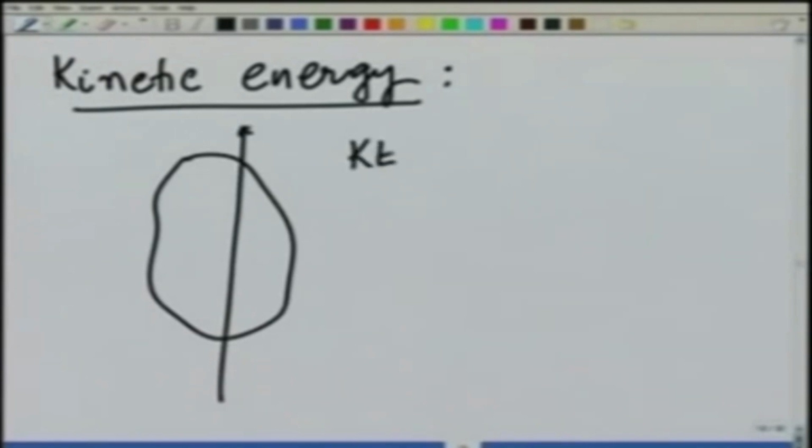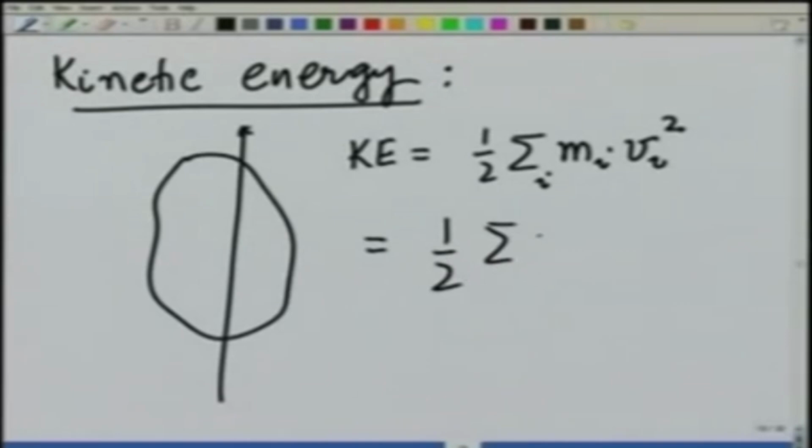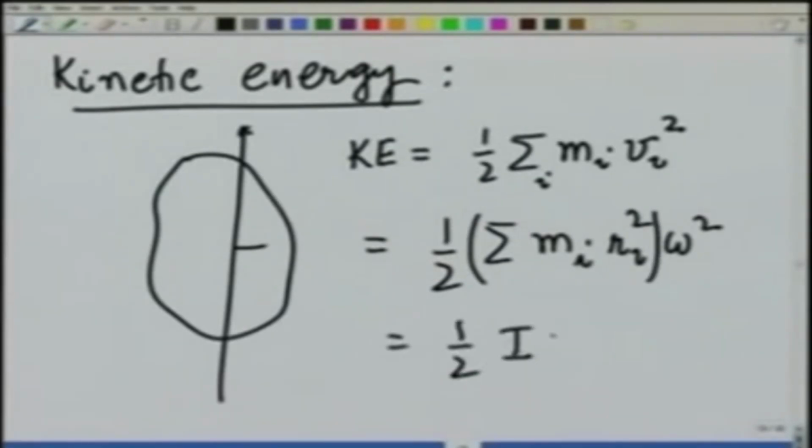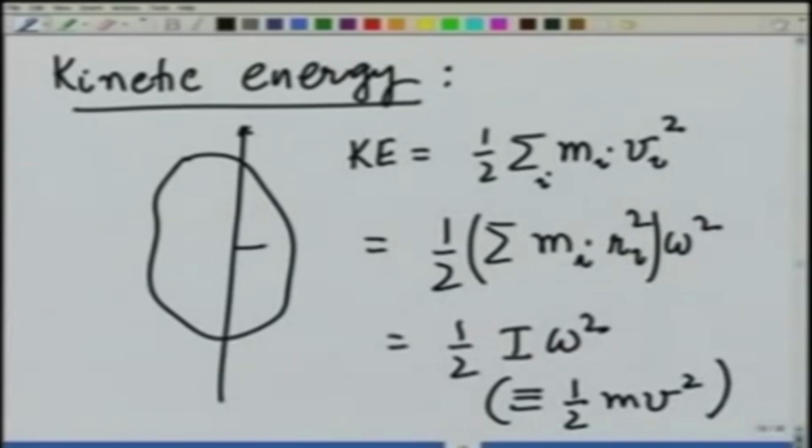Kinetic energy is equal to 1/2 summation m_i v_i square, and therefore I can write this as 1/2 summation m_i R_i square, where R_i is the perpendicular distance from the axis, times omega square, which is nothing but, if I put the bracket here, 1/2 I omega square, which is equivalent to 1/2 mv square of one particle dynamics.